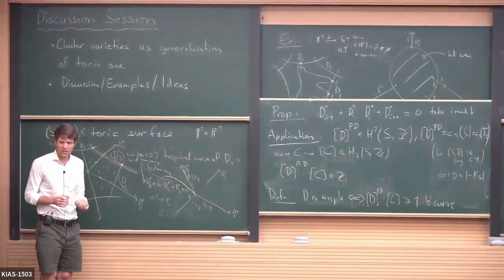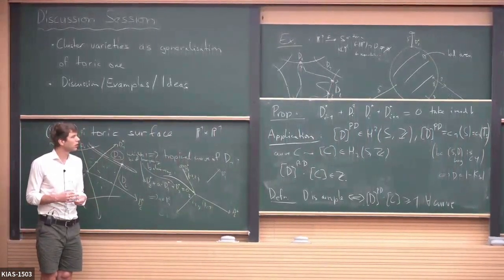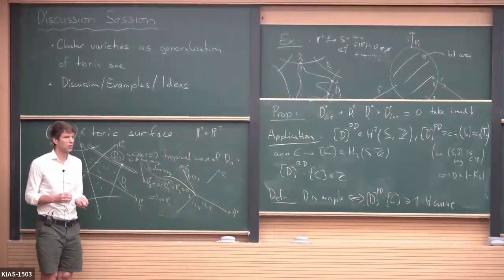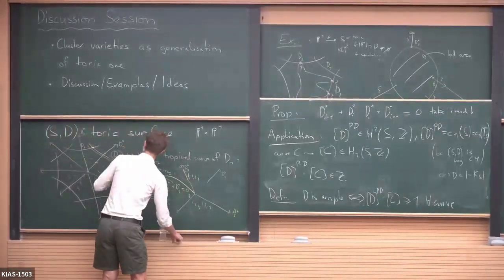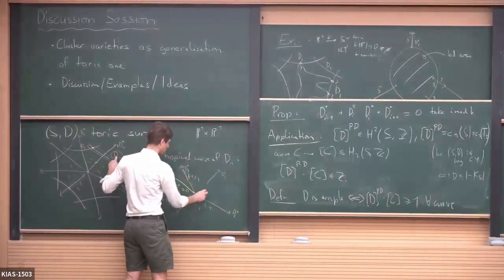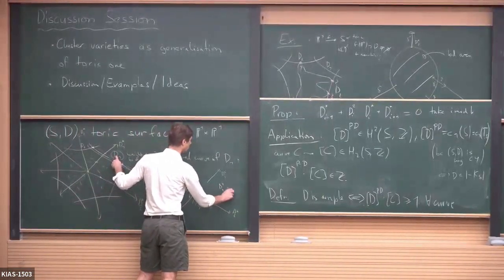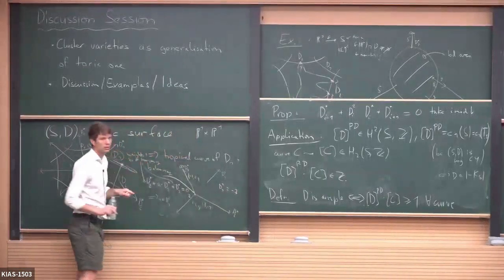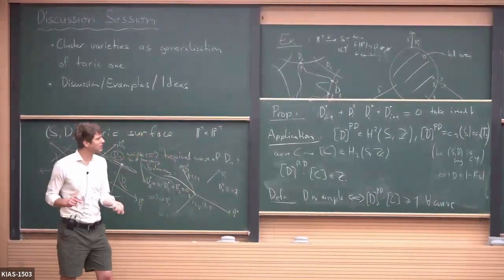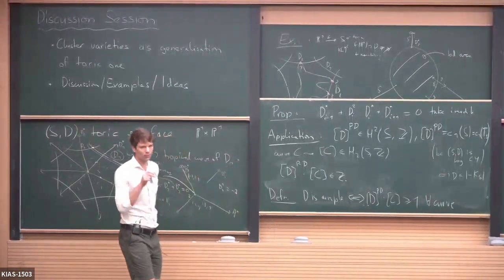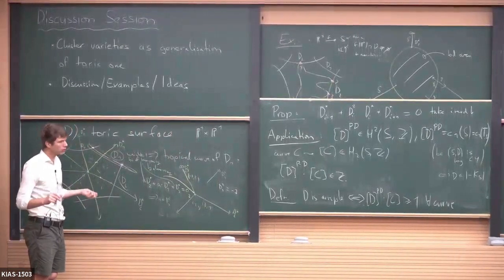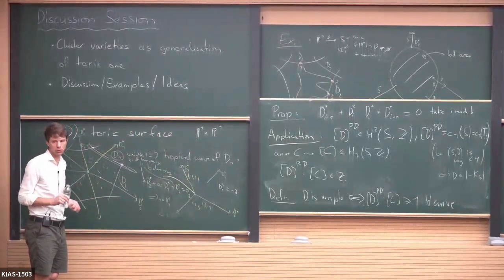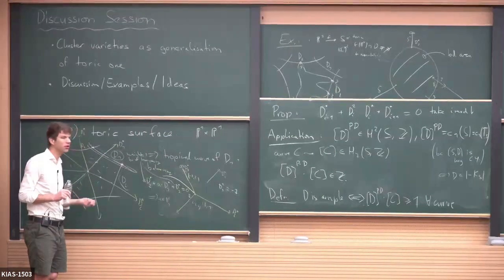It means that the divisor meets any curve positively. And it could really happen that it meets it negatively. For example, in this example, D1 squared is minus 3. So what does it mean? Intersection minus 3 means, in particular, that the normal bundle has no sections, so you cannot move the curve away.